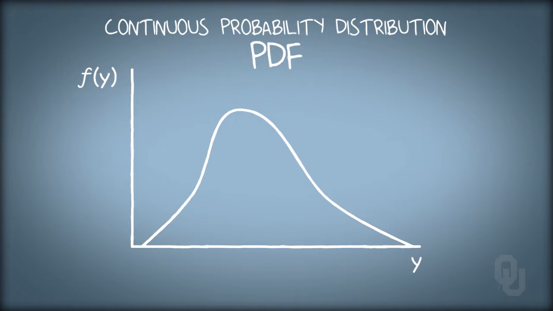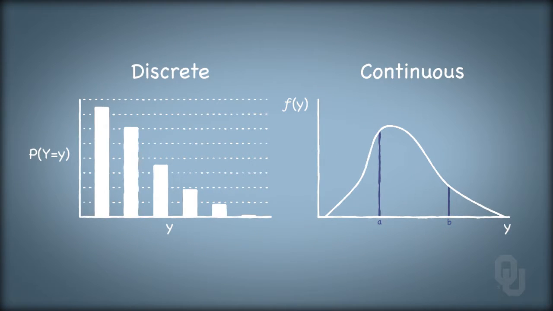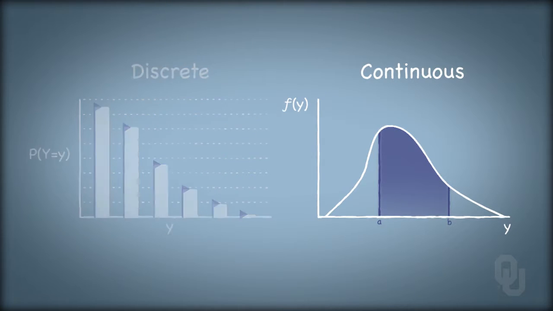But on its own, f of y doesn't tell us much about the probability of a range of realizations. We have to find the area under the curve between the two values to calculate the probability of the range of those two values. That's the biggest difference in visualizing discrete and continuous random variables. For a discrete random variable, we read the probability of the realization from the vertical axis, while for a continuous random variable, we have to find the area under the curve between two values.